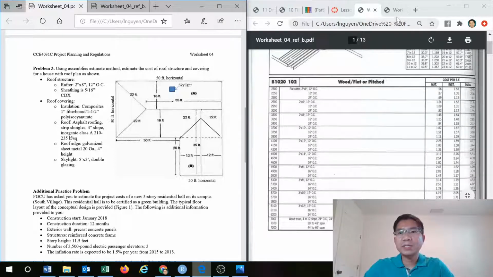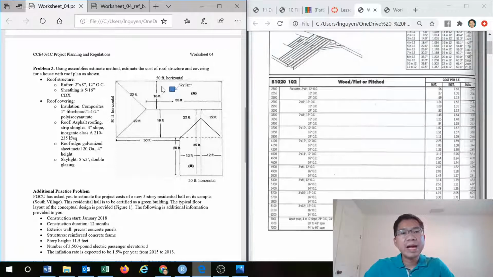From that, we try to find the quantity, and you need to familiarize yourself with the information, with the dimensions they give, and how the roof looks.